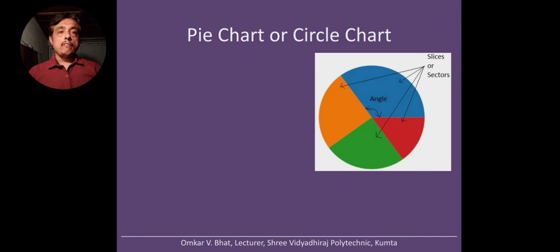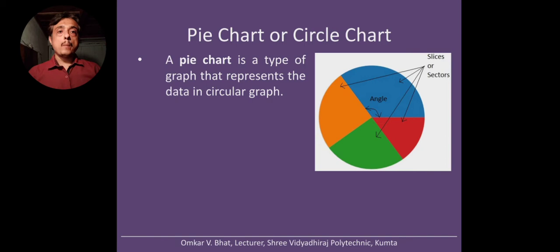So let us see definition of this pie chart. So pie chart is a type of graph that represents the data in circular graph. Pie chart ಅಲ್ಲಿ ಡೇಟಾವನ್ನು ಸರ್ಕ್ಯುಲರ್ ಗ್ರಾಫ್ ಅಲ್ಲಿ ರಿಪ್ರೆಸೆಂಟ್ ಮಾಡಿರ್ತಾರೆ.